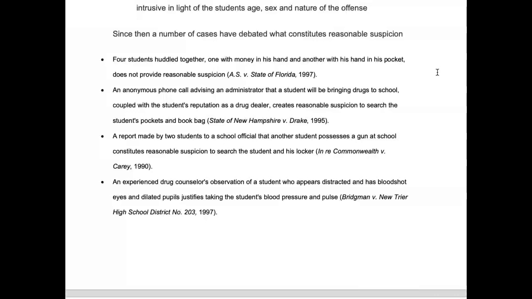A good example of that is, I had a friend whose son was in high school. His son probably could identify any drug if he had to. He was really naive. He read nonstop. Probably the biggest nerd you've ever seen in his life. And an anonymous phone call was made to the high school saying that he had drugs in his locker. And so they went and searched his locker, and sure enough, there was a bag of pot in there.